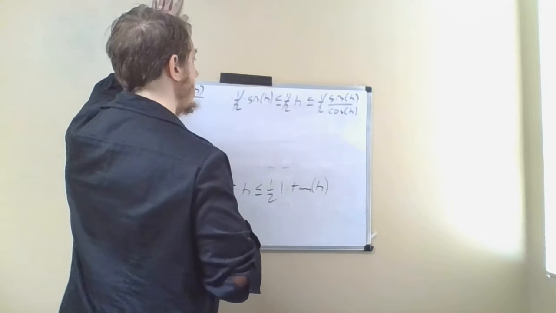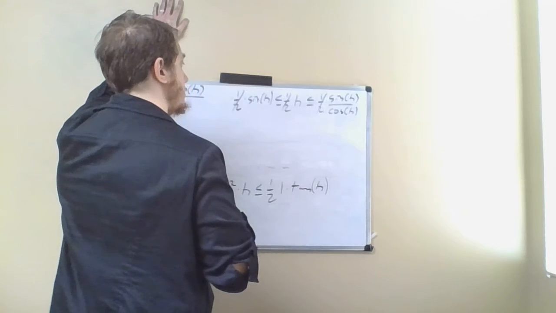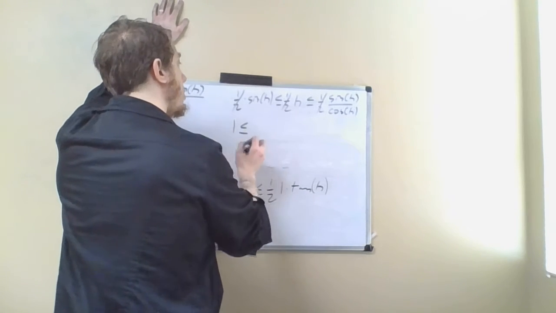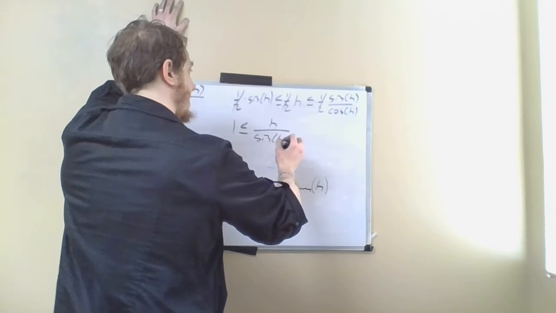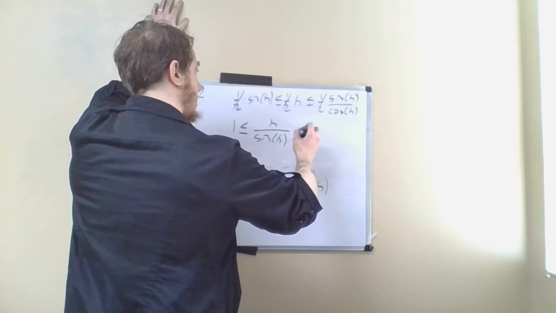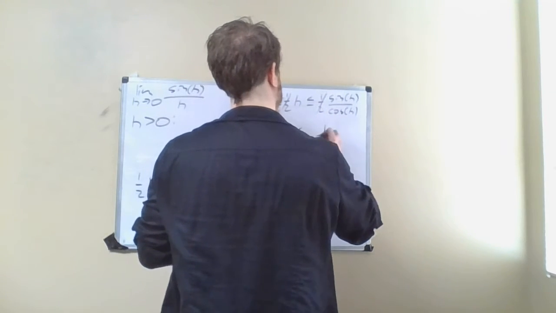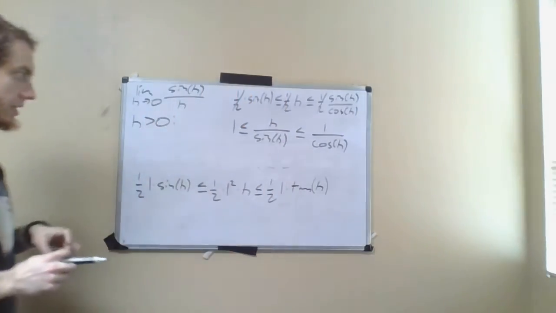So now what do I want to do at this point? I want to divide everything by sine of h. So I'm going to have 1 is less than or equal to h over sine of h, less than or equal to 1 over cosine of h.